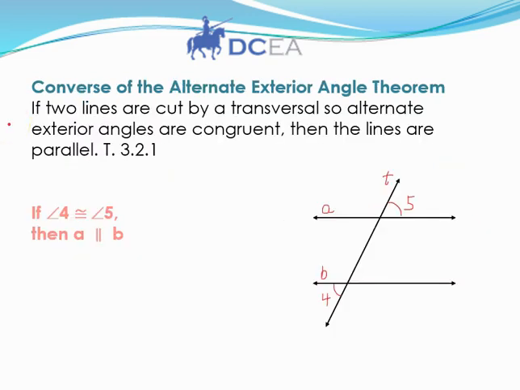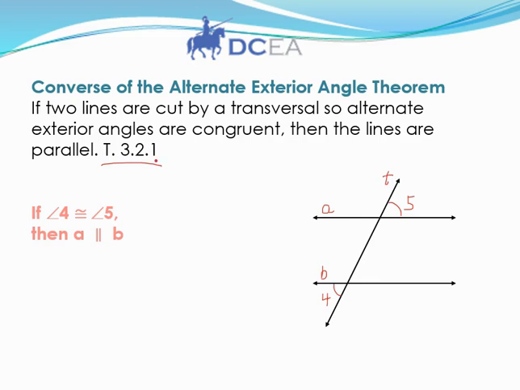The converse of the alternate exterior angle theorem, Theorem 3.2.1. If two lines are cut by a transversal, this would be line A and B cut by transversal T, so that alternate exterior angles are congruent, then the lines are parallel.